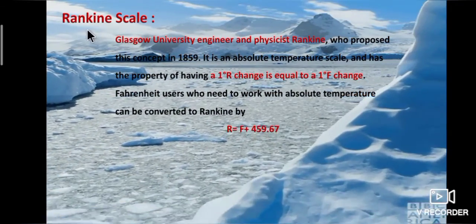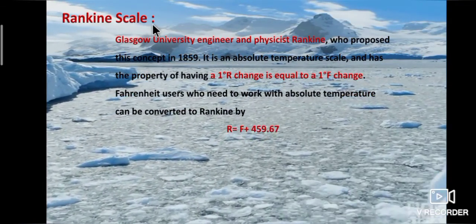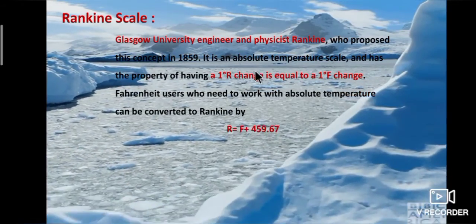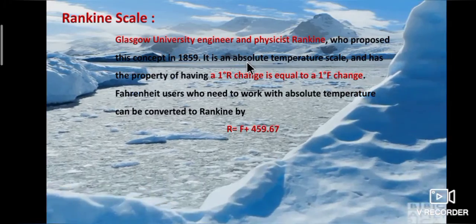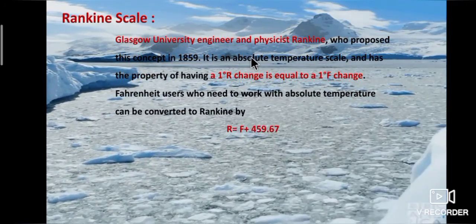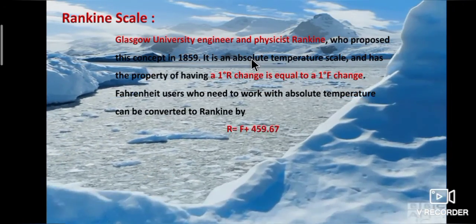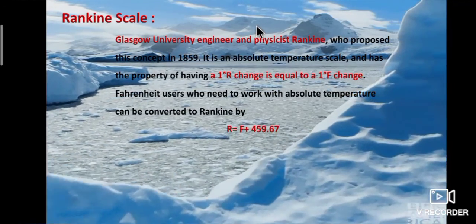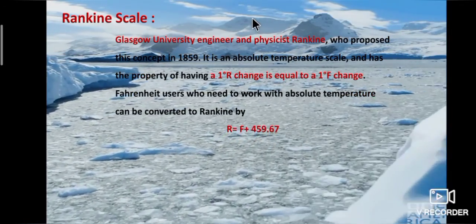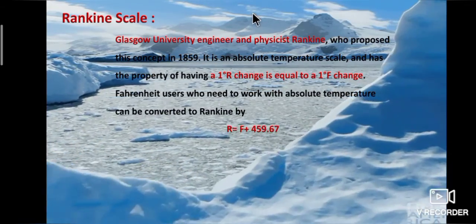Now, we will study the Rankine scale. From our temperature scale relations, conversion from Celsius to the absolute temperature scale is easy, just the addition or subtraction of a constant 273.15 Kelvin. But in the United States, they prefer to use the Fahrenheit scale.